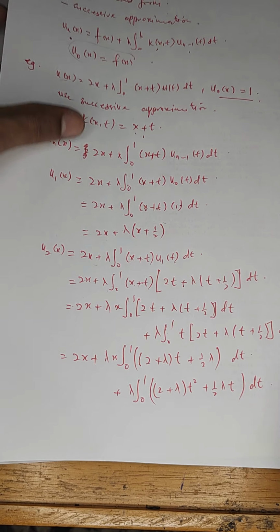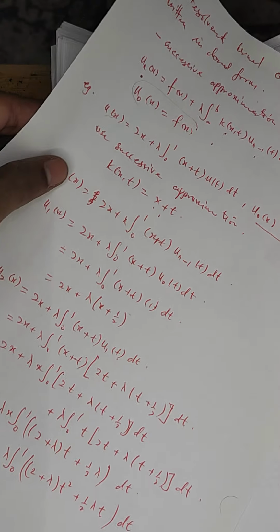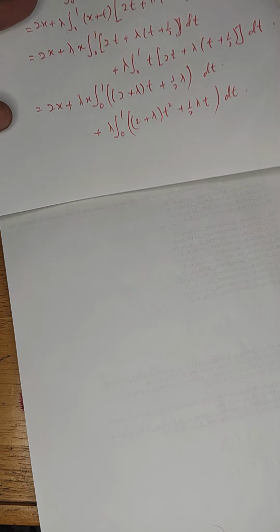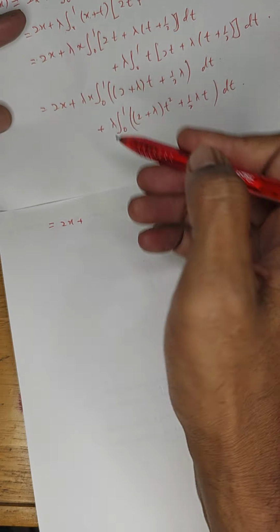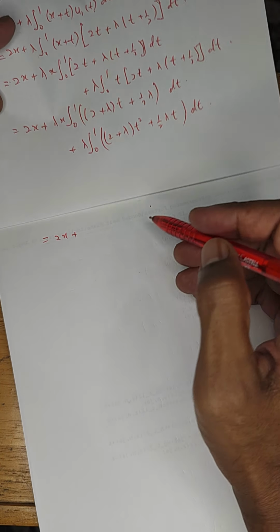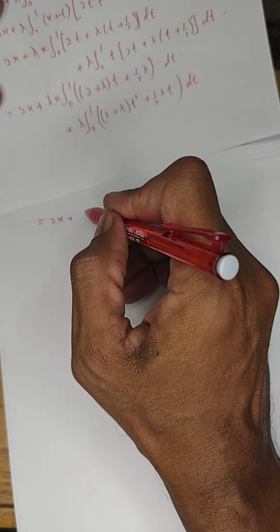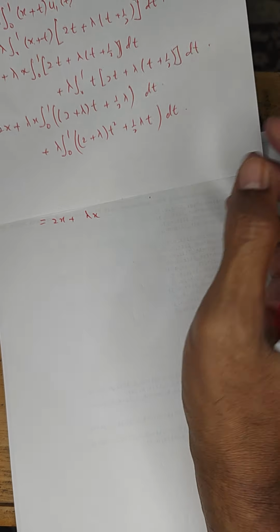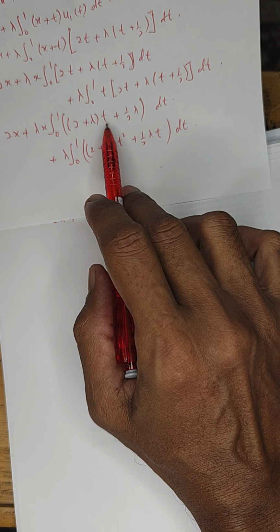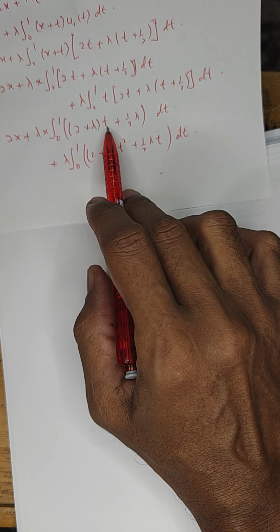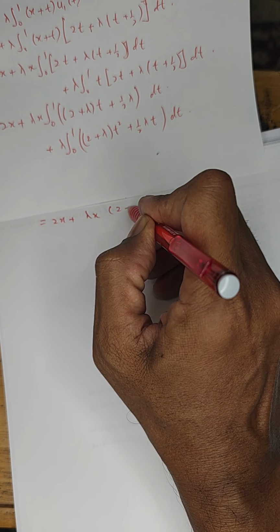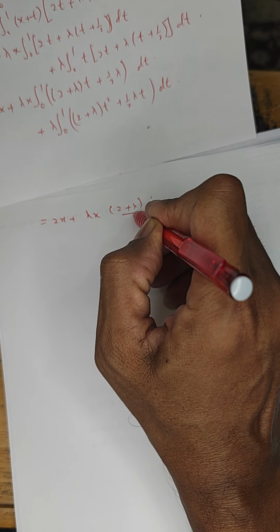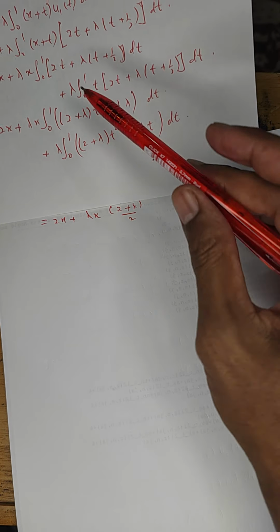Then of course this is not a big deal for you to solve that one. That gives you 2x plus we have lambda x, and then we have t squared over 2 evaluated 0 to 1, so we have 2 plus lambda over 2, correct?